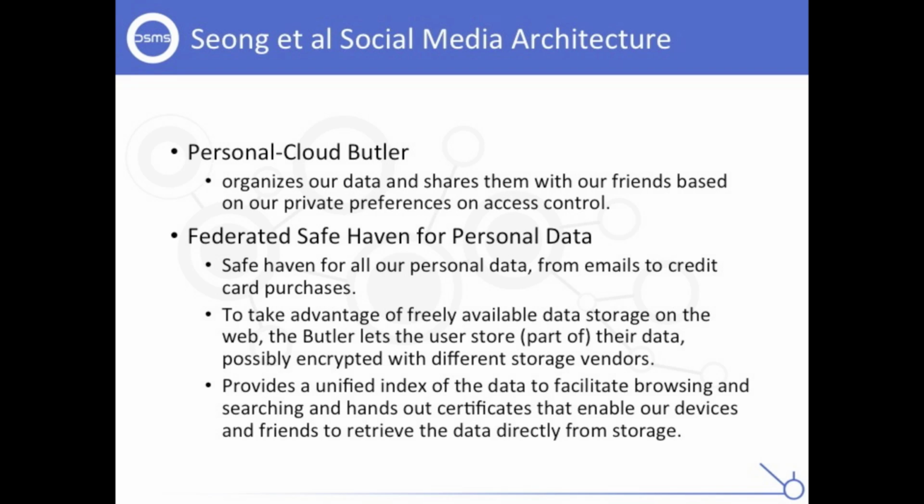To take advantage of freely available data storage on the web, the butler lets the user store part of their data, possibly encrypted, with different storage vendors. Provides a unified index of the data to facilitate browsing and searching, and hands out certificates that enable our devices and friends to retrieve the data directly from storage.